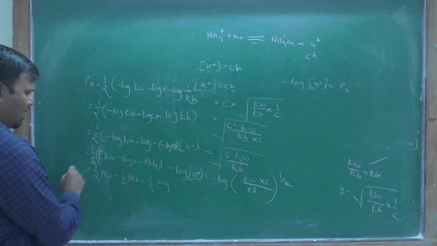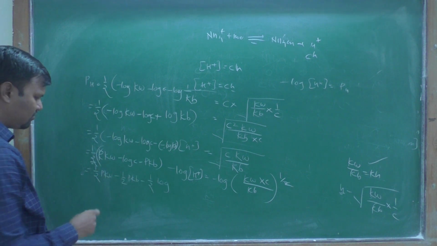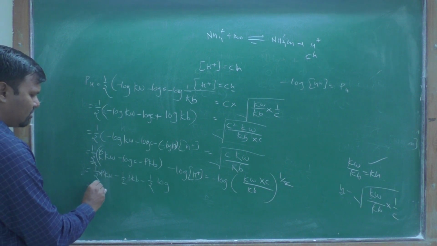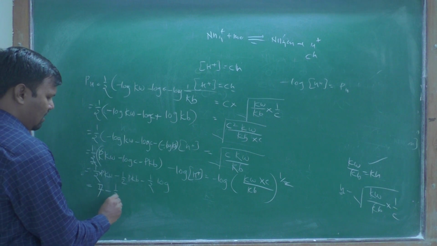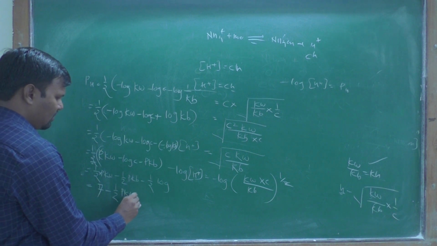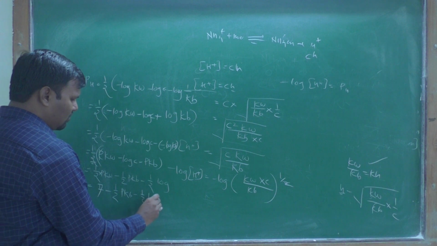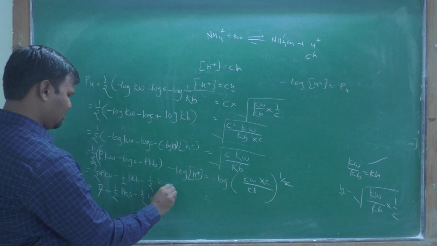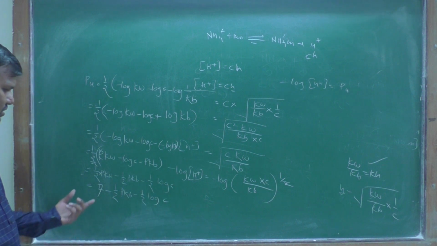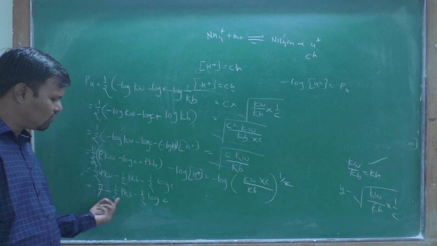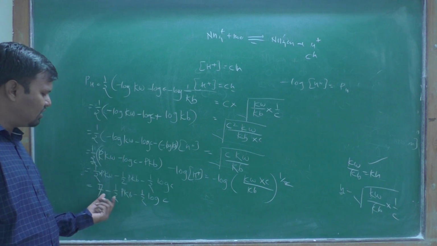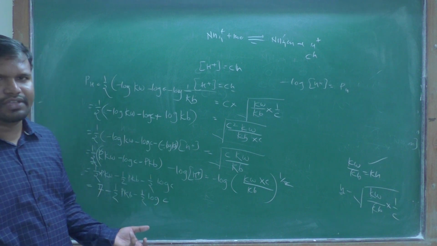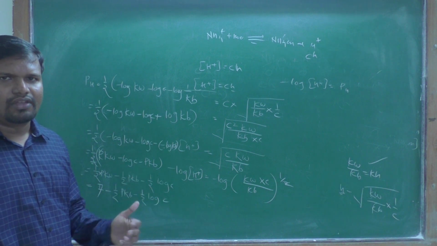Okay, that is 1/2 is multiplied to all the terms. pKw we know is the value 14, so 1/2 of 14 is 7, minus 1/2 pKb, and minus 1/2 log C. Therefore, the minus quantity means 7 minus this quantity, therefore the pH value is less than 7 for the salt of a weak base and a strong acid.